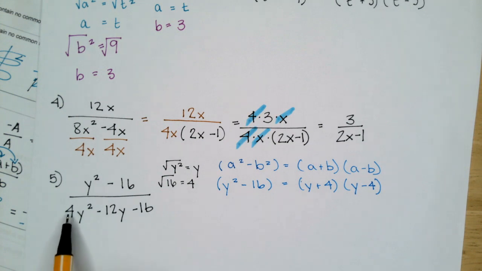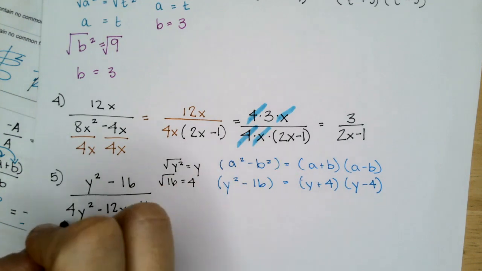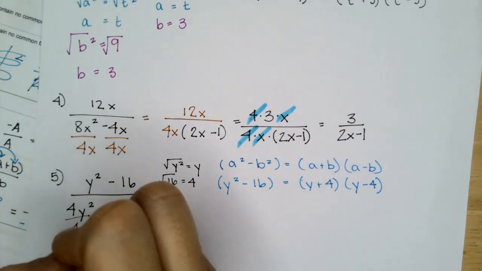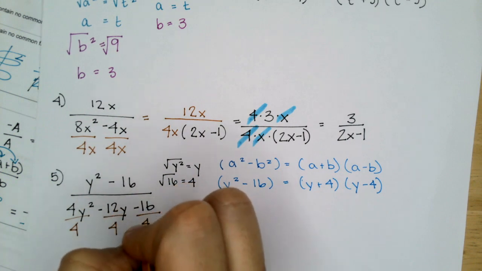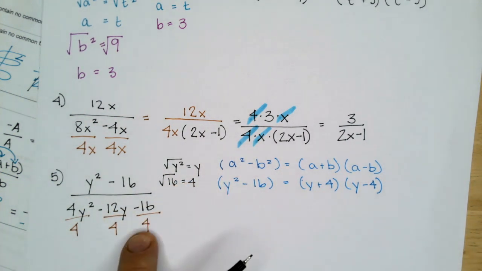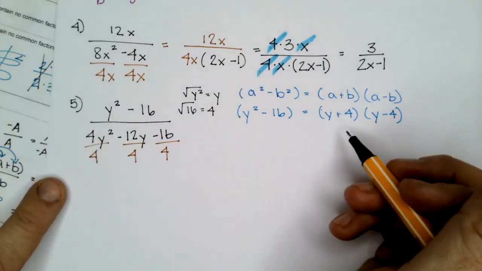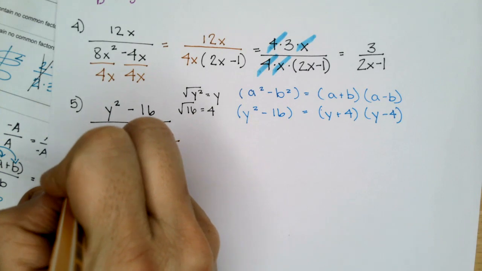Good. Here we have 4, 12, and 16. I can divide out a number from 4, 12, and 16. I can divide out a 4. Wonderful. So I'm going to divide out a 4 here. So on the top for 5, on top we now have y plus 4 times y minus 4.